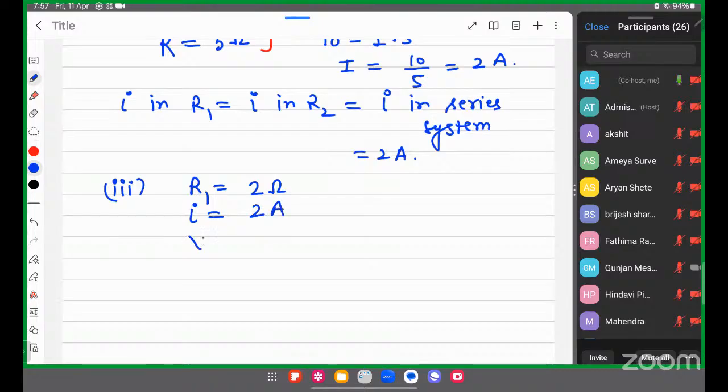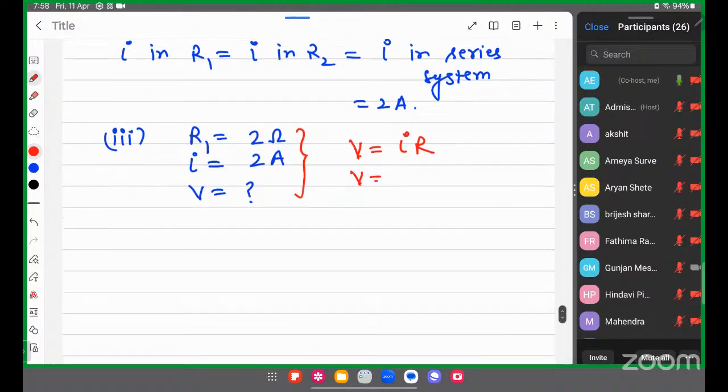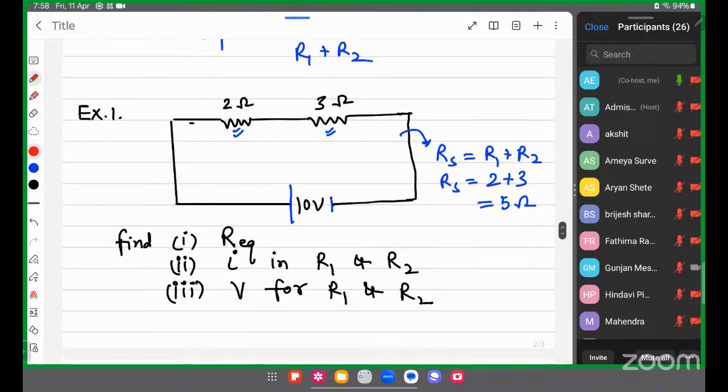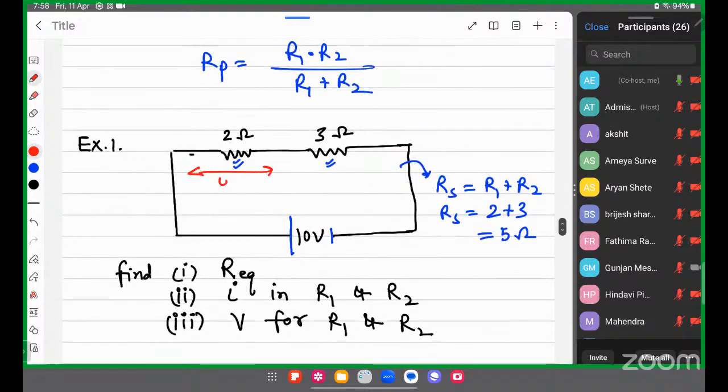We have to find out V. Again, from this information, we can use V equals IR, which will be 2 into 2, that will give us 4 volt. We have total 10 volt and 4 volt is utilized for the 2 ohm resistor. So the remaining 6 volt will be for the 3 ohm resistor.